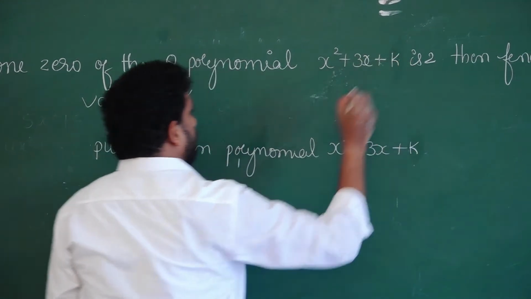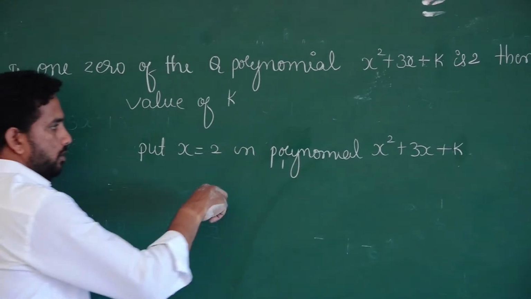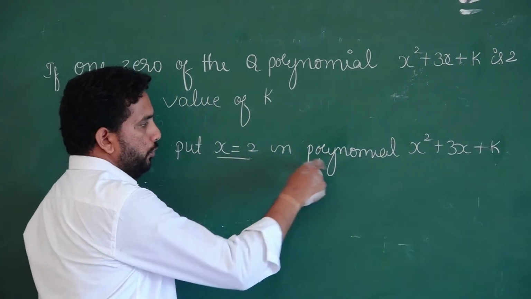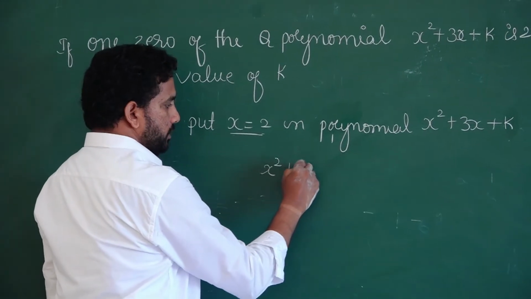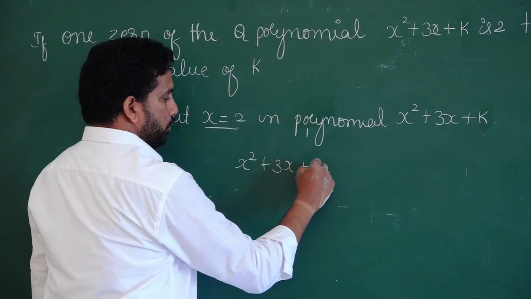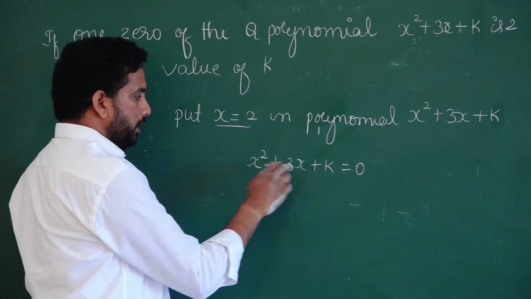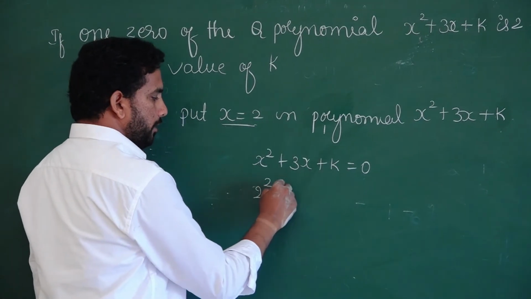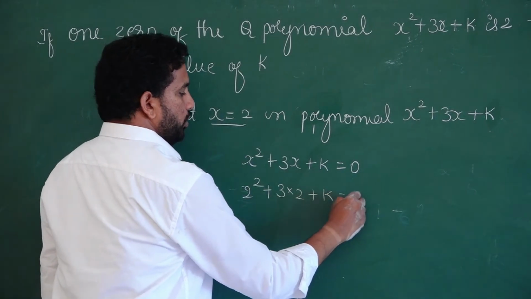So here you have x square plus 3x plus k. This one we have to equate to 0, so that it becomes a quadratic equation. So then 2 square plus 3 into 2 plus k is equal to 0.